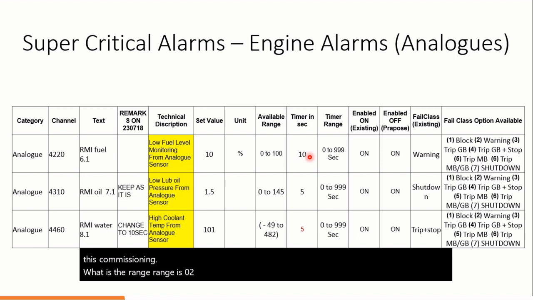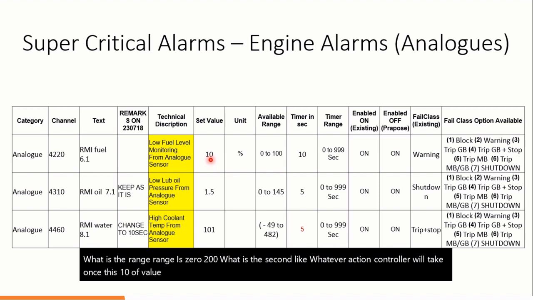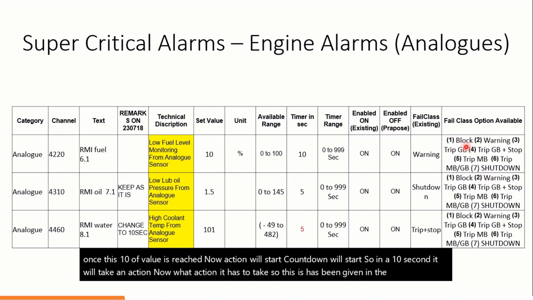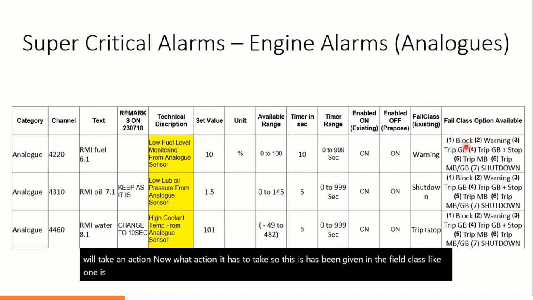Then the seconds: once this 10% value is reached, the action countdown will start, so in 10 seconds it will take an action. Now what action does it have to take? This is given in the fail class. One is block, which means we can block this alarm if we don't want it, or we can create just a warning signal.